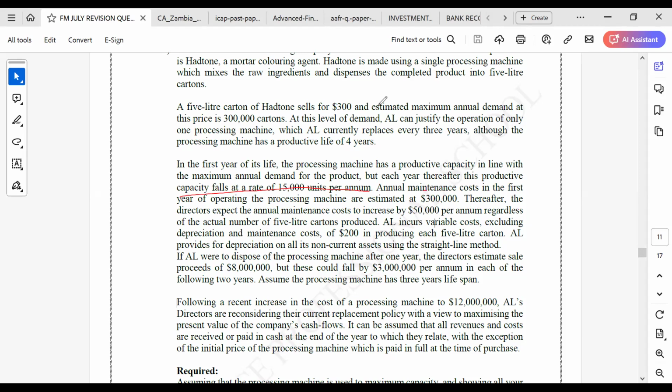Annual maintenance costs in the first year of operating the processing machine are estimated at 300,000, and the directors expect the annual cost to increase by 50,000. AL incurs variable costs, excluding depreciation and maintenance, in producing each 5-liter carton. AL provides depreciation of this and this.